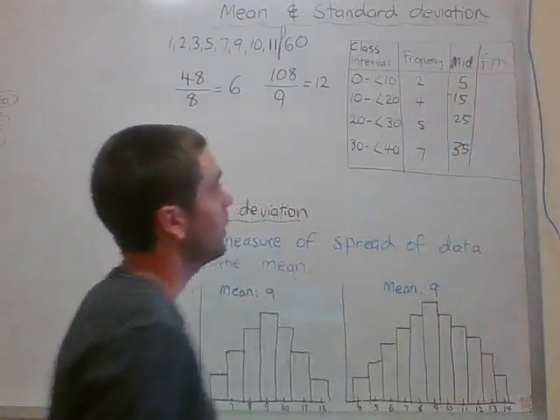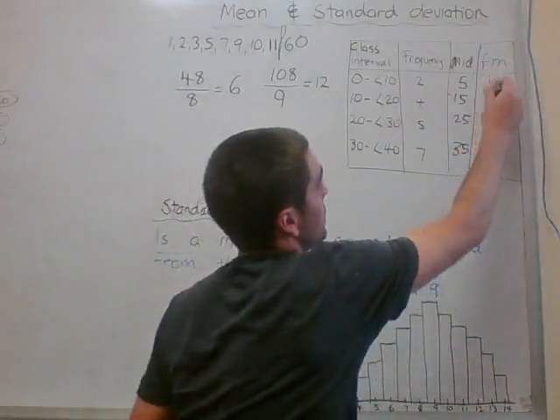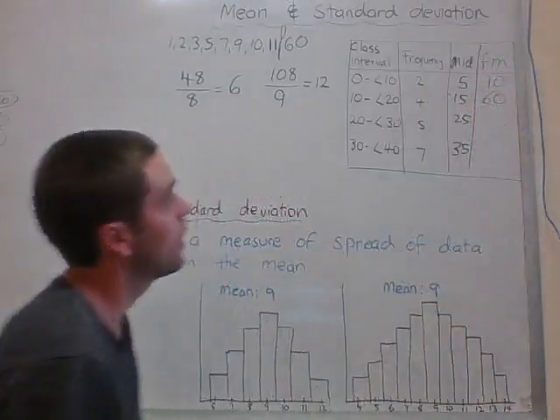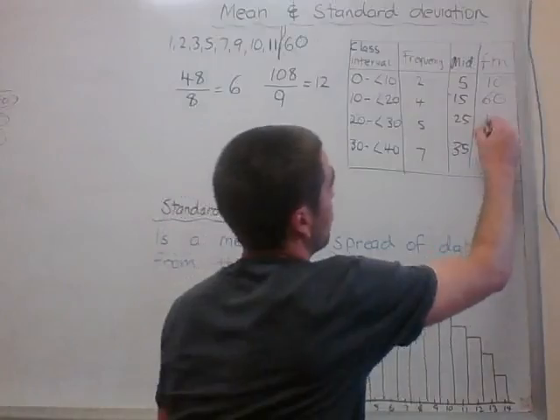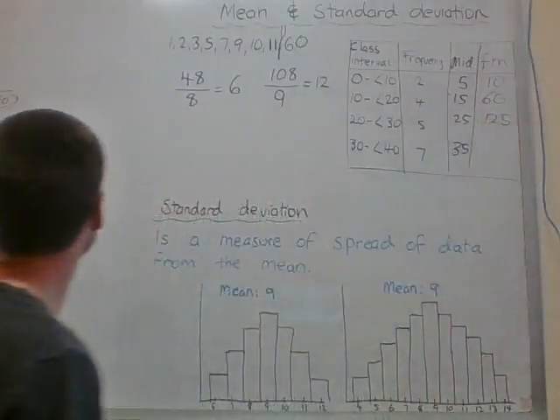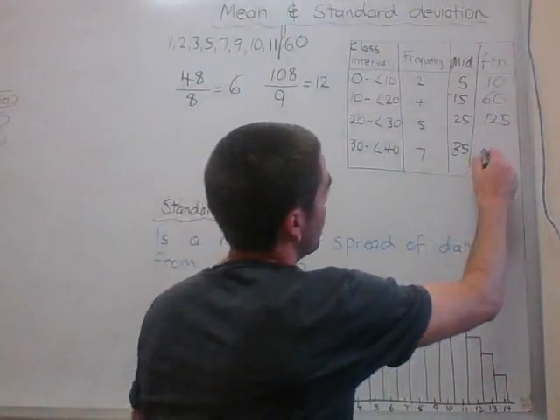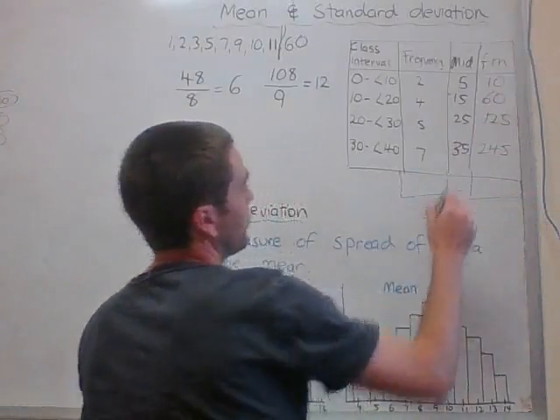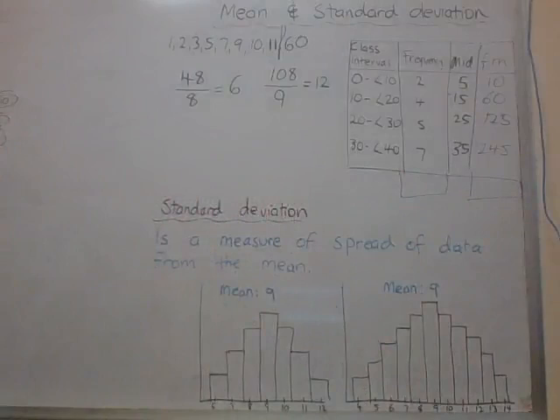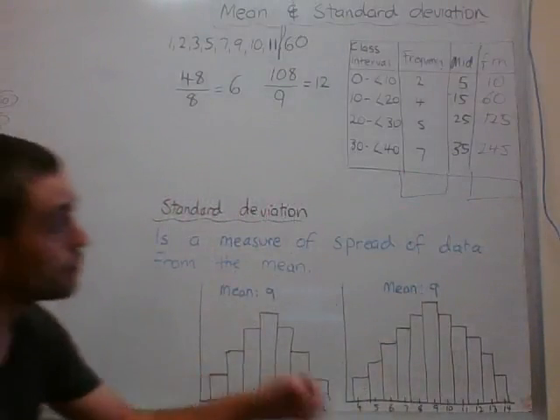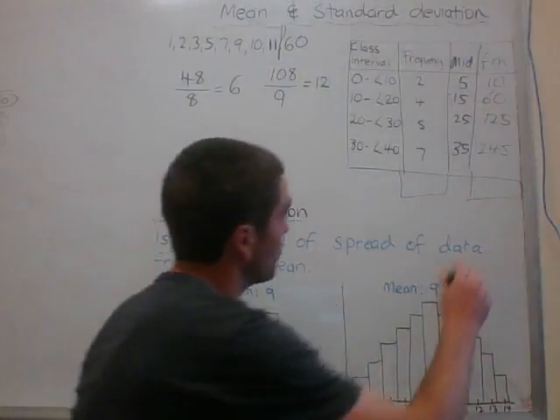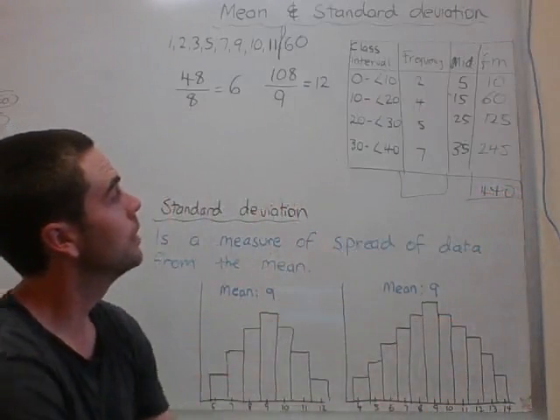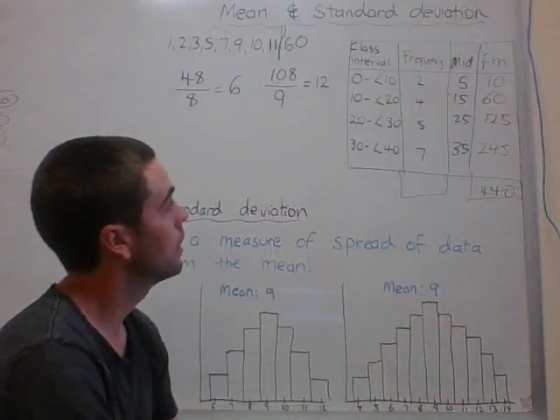And we end up with the given numbers here: 10, 60, 5 25s are 125, and 7 35s are 245. What we need is the total of the frequency column and the total of the FM column. The total of the FM column is 440. The total of our frequency column is 6, 11, 18.